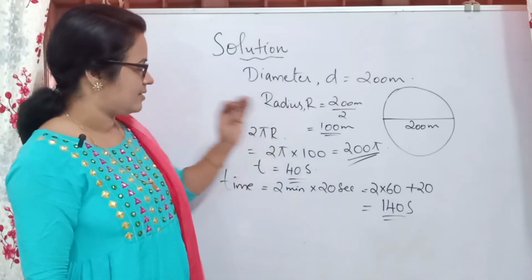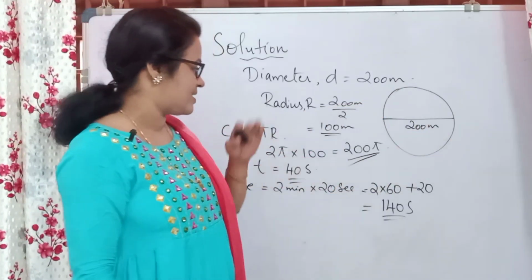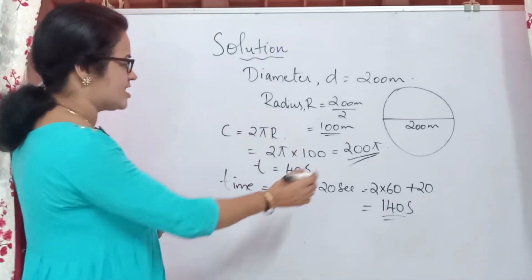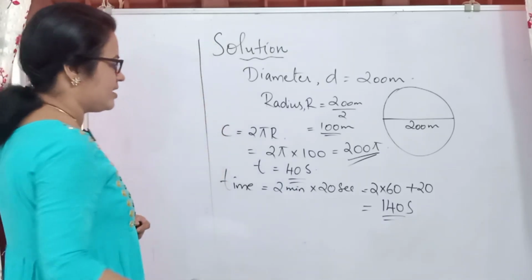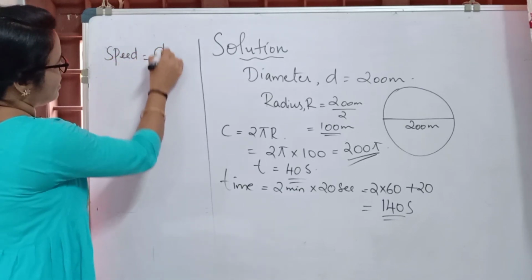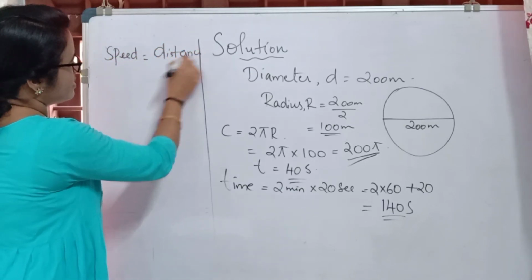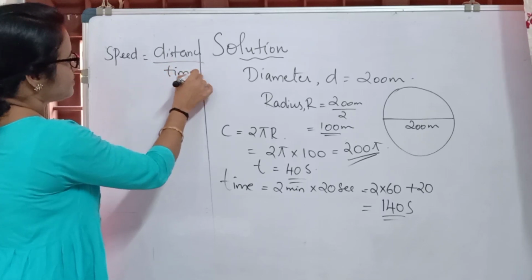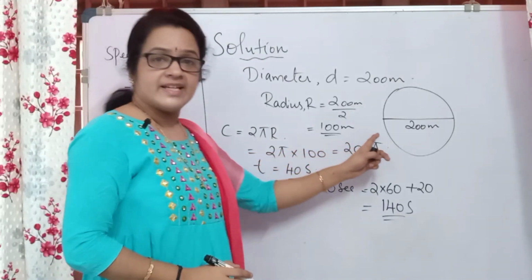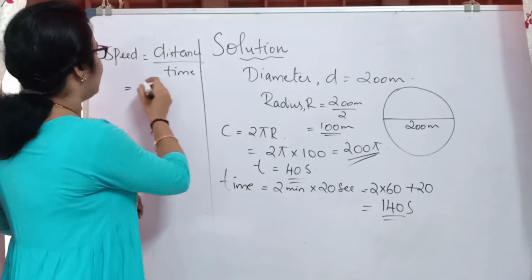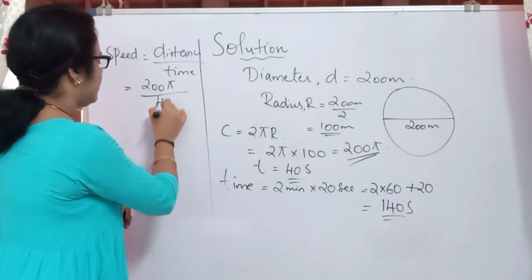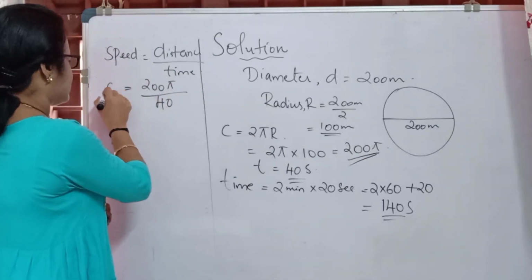Here we have the distance traveled in 40 seconds and the time. So can we find the speed? How can we calculate the speed of this motion? Speed will be equal to distance traveled divided by time taken. So that will be equal to the total distance traveled in 40 seconds, 200 pi, divided by the time, 40.